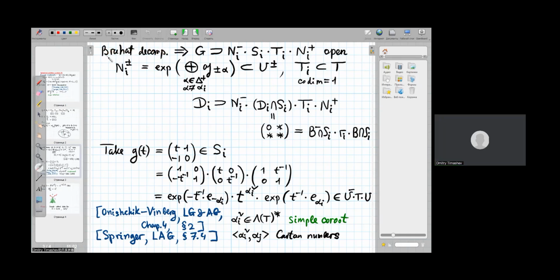I just brushed it under the carpet because I don't have time to go so deeply into the details of the Bruhat decomposition. But it is true that this product is a direct product not of groups but of varieties. This decomposition is unique. Okay.